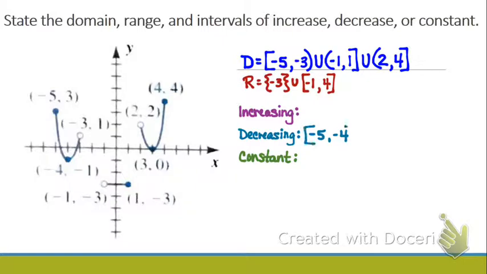Should I use brackets or parentheses? Brackets. I get down here to -4, and now my pencil is doing what? Now it's going up. We're going to take the x values and write those down as our intervals. Yep. And it's describing what the y's are doing as I move along that space.